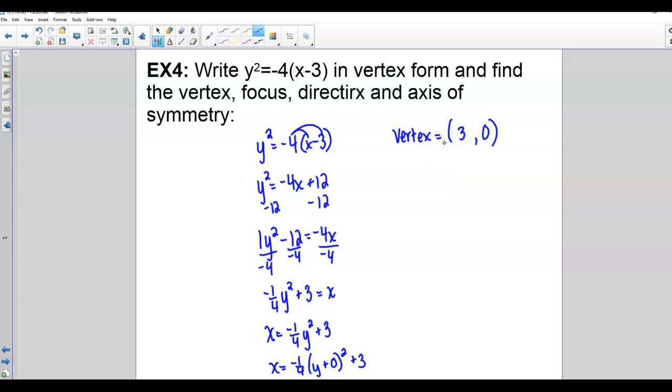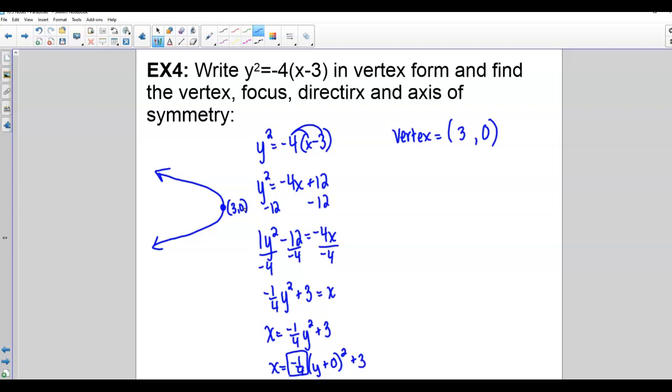In this problem, we've got x equals a negative 1/4. It's an x equals, which tells me that this is going to open to the left or to the right. Because my 1/4 is negative, it's going to open to the left this time. And right here, of course, our vertex is at 3, 0.